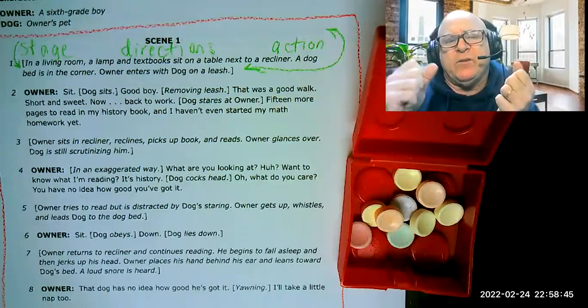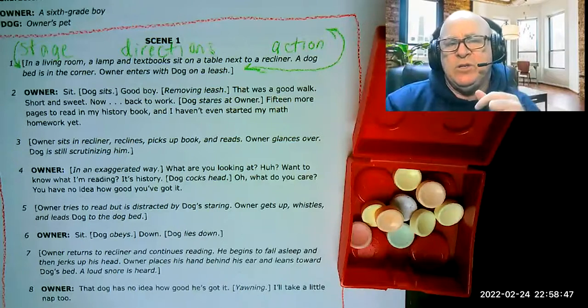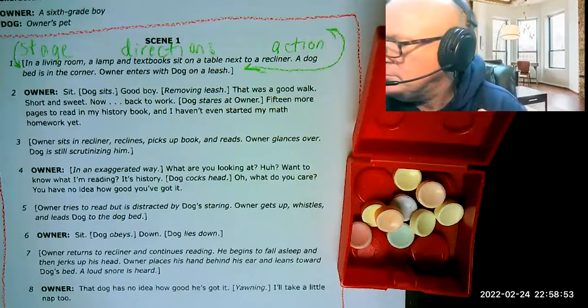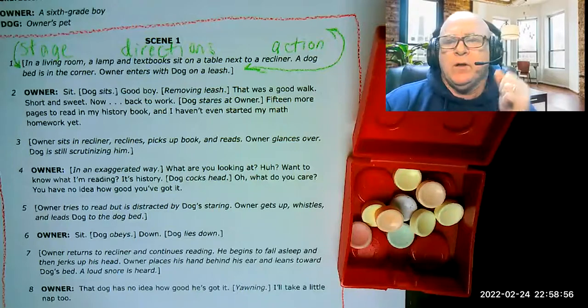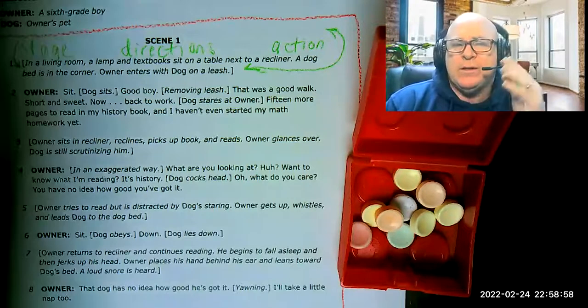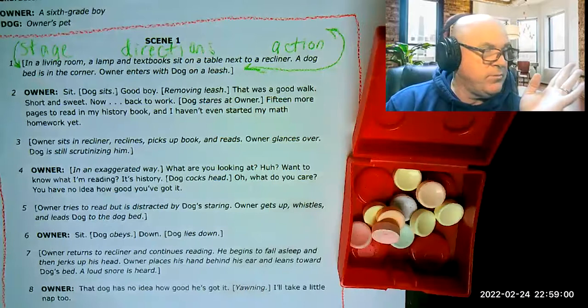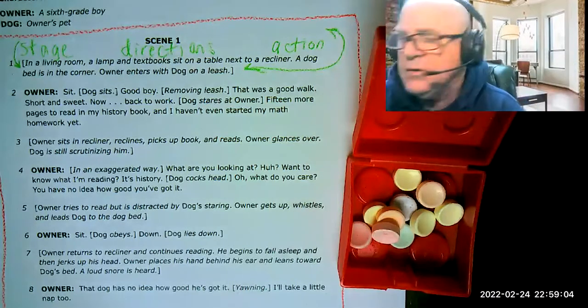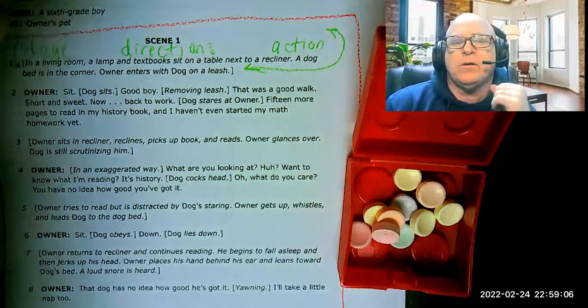Comma in a series, for those of you that are needing to teach capitalization, punctuation, period, stop sign. Owner glances over. Over at what or who? The dog.